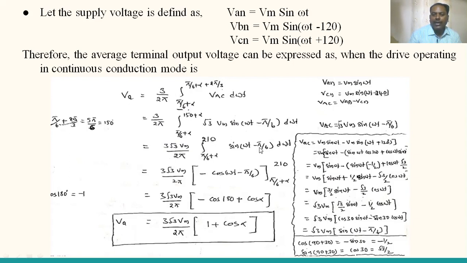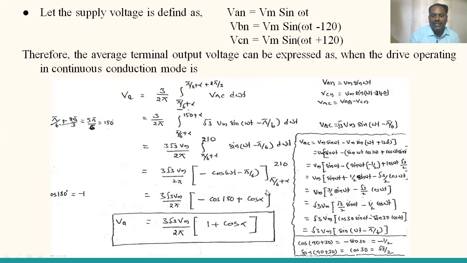Sin omega t minus pi by 6 d omega t, which equals 3 root 3 Vm by 2 pi, so sin integrates to minus cos omega t minus pi by 6, with limits pi by 6 plus alpha to 210. Solving: 3 root 3 Vm by 2 pi times minus cos of 210 minus 30, that is minus cos 180, plus cos alpha.